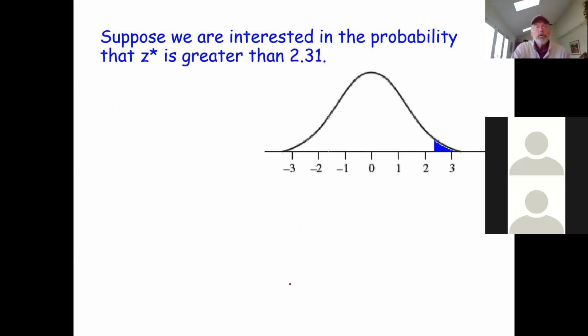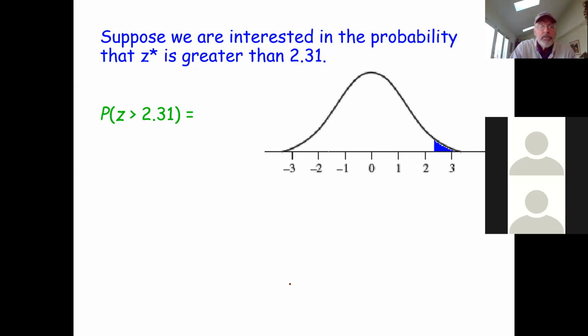And we want, let's say, greater than 2.31. Now we're not concerned about this large area here, but the small area right in through here. Well, we actually know the area that's not shaded. We just figured that out. So let's think about this.